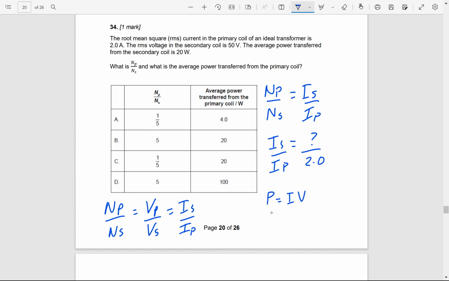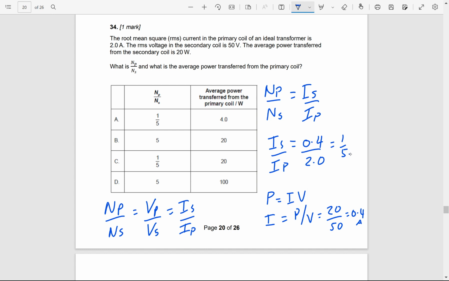However, we know that P equals IV, and so we can rearrange, because we know that the average power is 20, and we know that the voltage is 50. So that's 0.4 amps. So 0.4 into 2, so it goes 0.4, 0.8, 1.2, 1.6, 2.